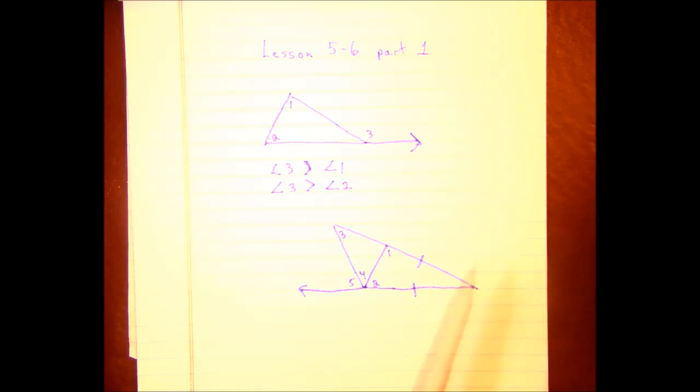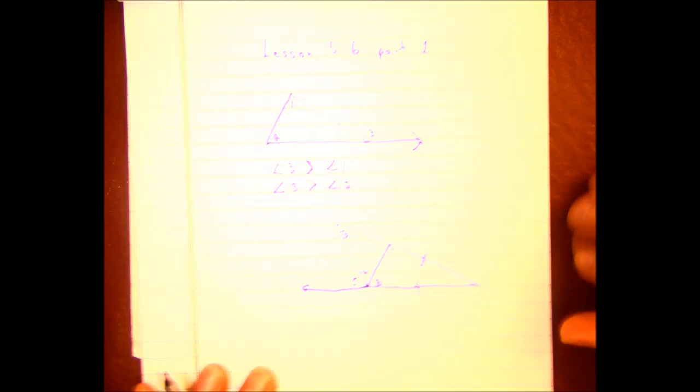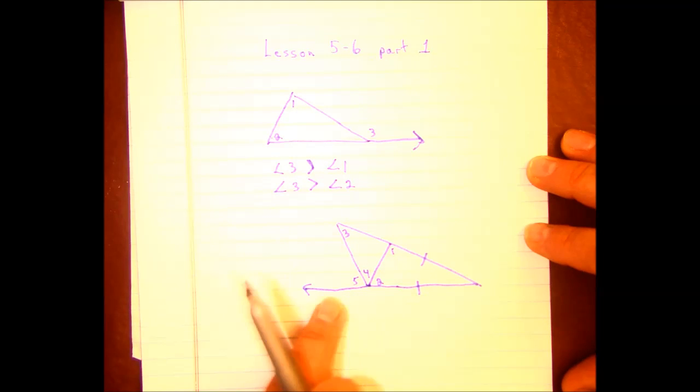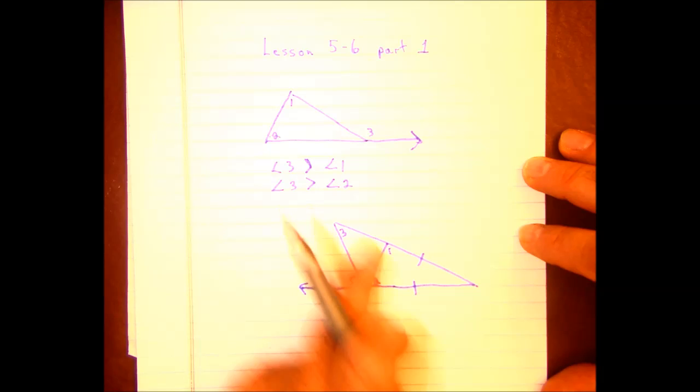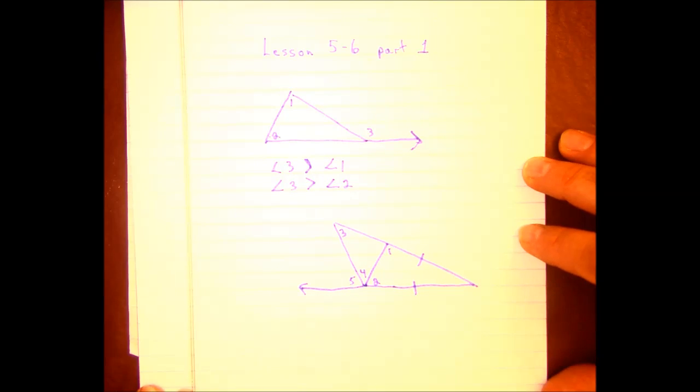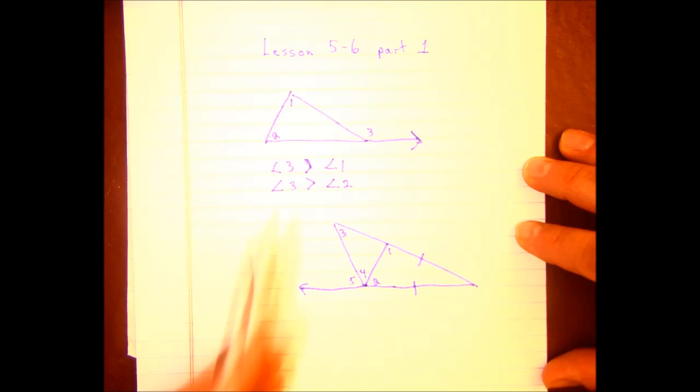Then it's secondly important to dissect this picture. Why? Because you have 1, 2, 3 triangles. Small one, big one. And each one of them has different exterior angles. And that's the tricky part. See, 1 is an exterior angle to this top picture.